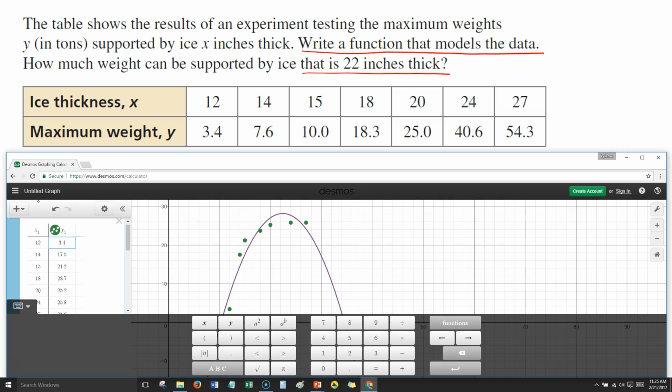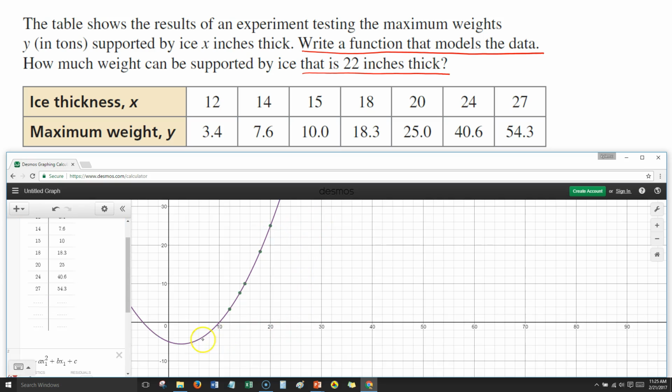And those are in what? Tons? Okay, yeah, good. Because 3.4 pounds would not be a lot of weight supported by 12 inches of ice. 7.6, 10, 18.3, 20 goes to 25, 24 goes to 40.6, and 27 goes to 54.3.